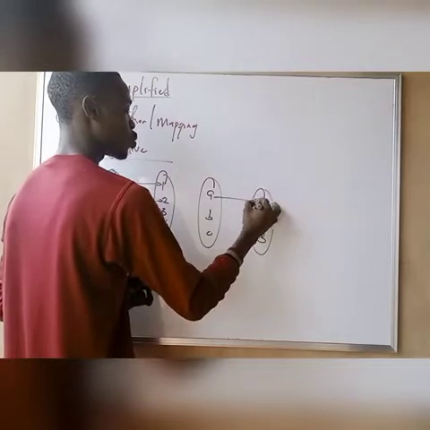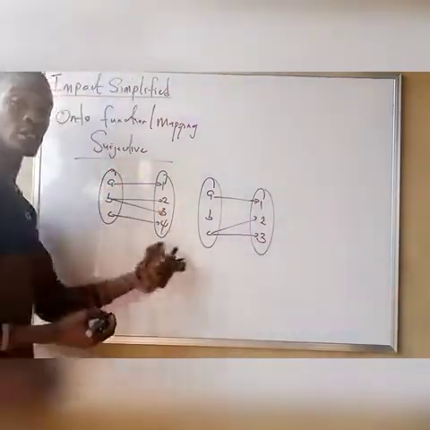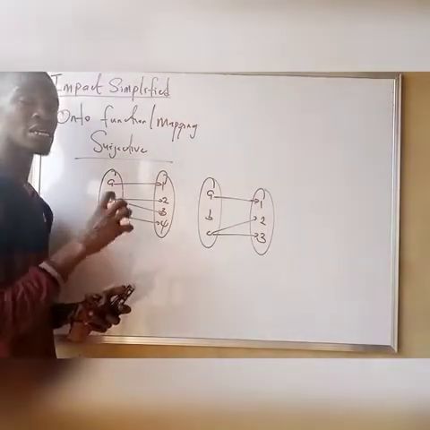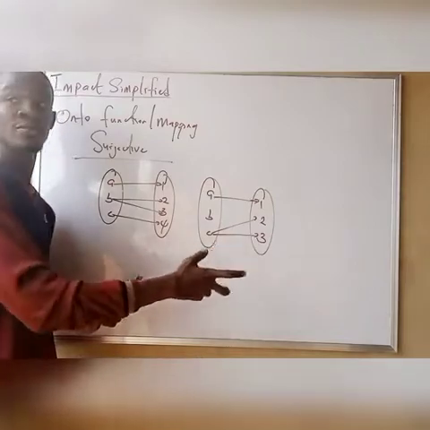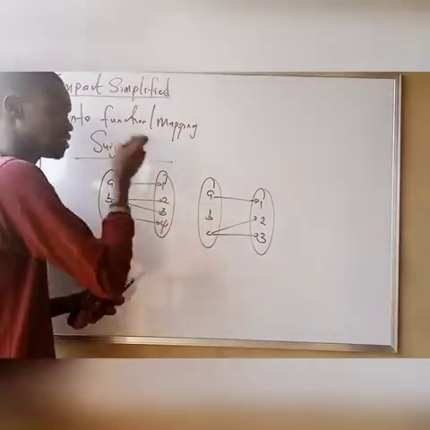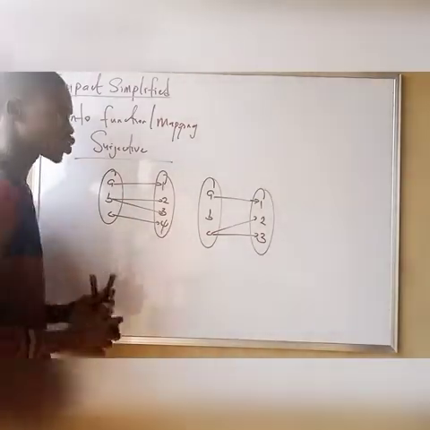We have A to 1, we have C to 3, and we have C to 2. This is also surjective, because every element in the codomain has at least one element in the domain. Do we get that? So it's simple.